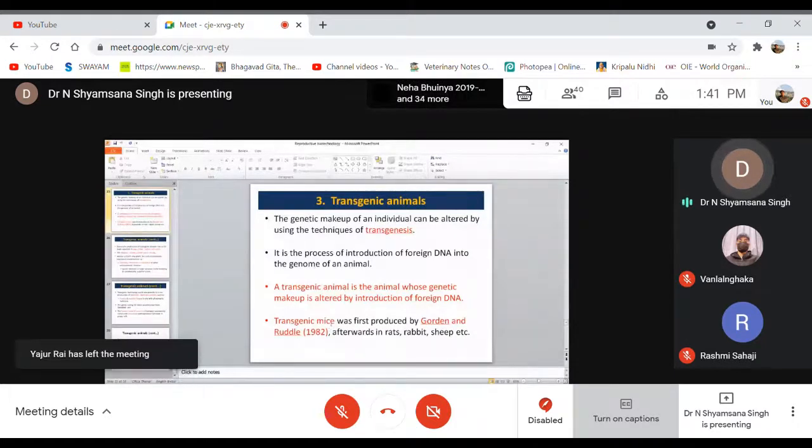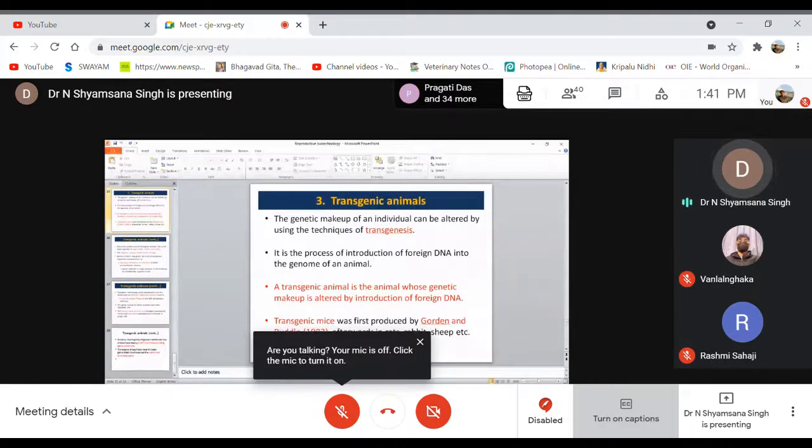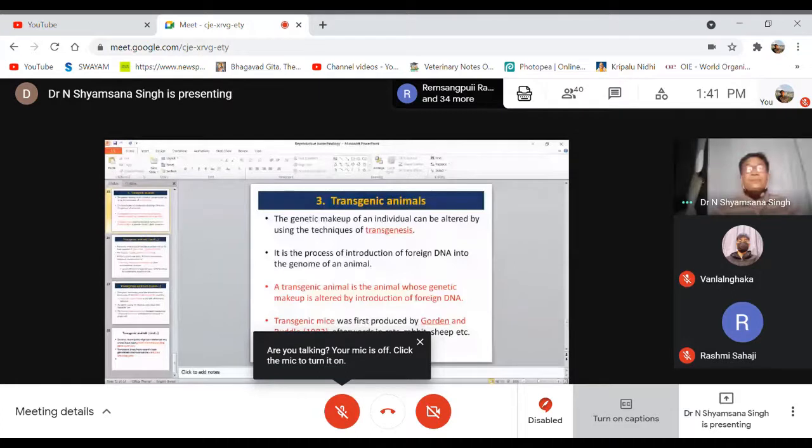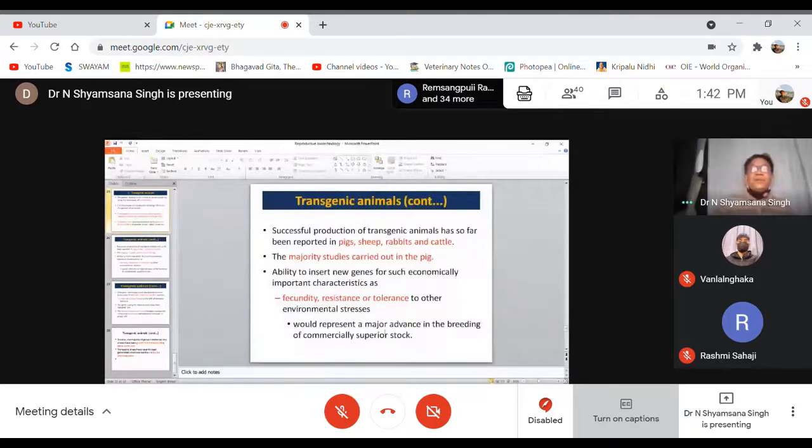And this technique was first used in mice, transgenic mice, by Gordon and Ruddle in the year 1992. Afterwards, it was used in other species like rats, rabbits, sheep, etc. Then, successful production and the majority of the studies for transgenic animals were carried out in the case of pig.